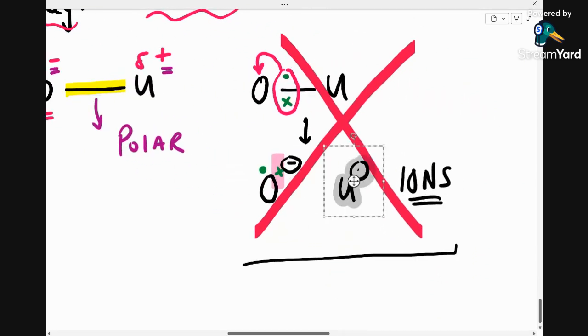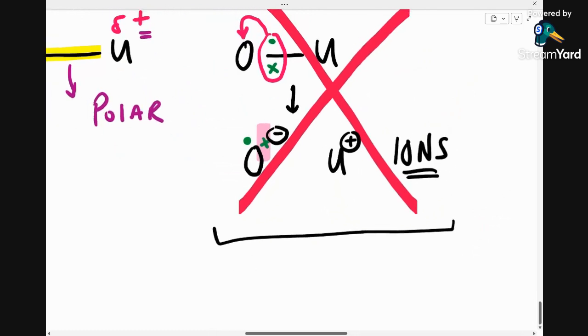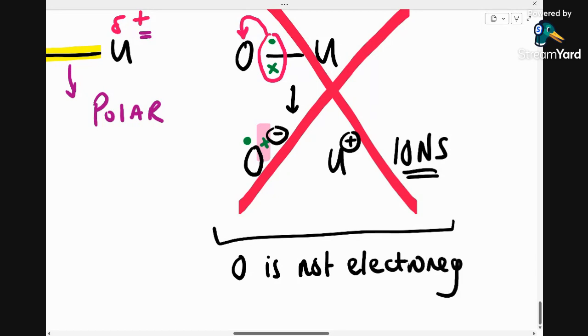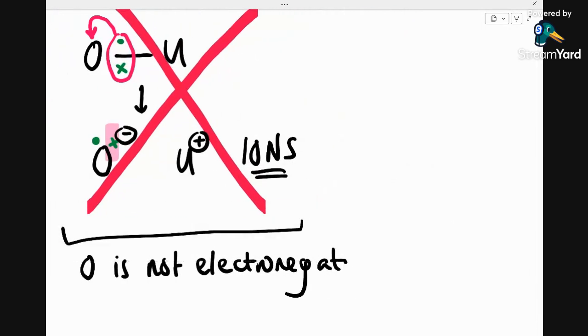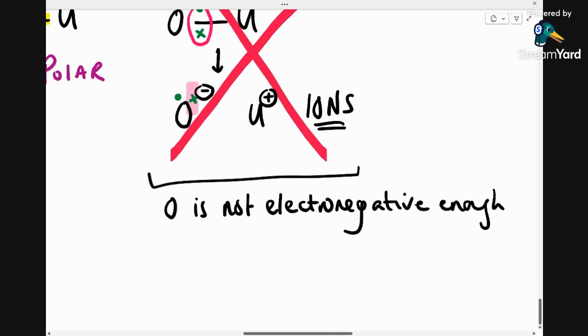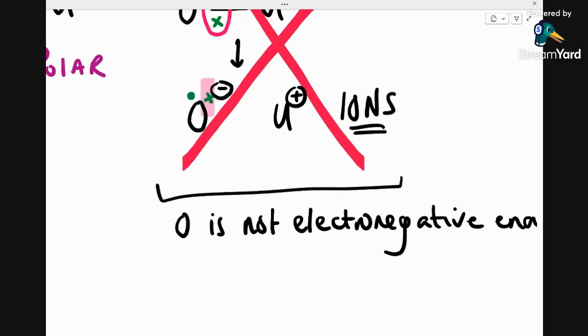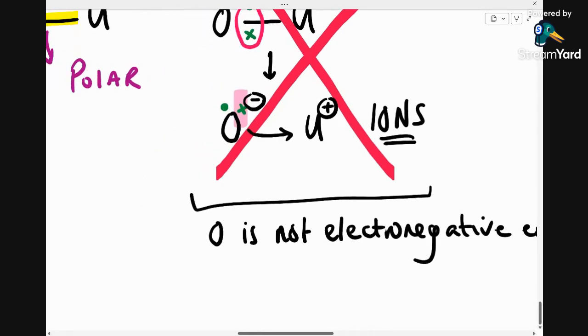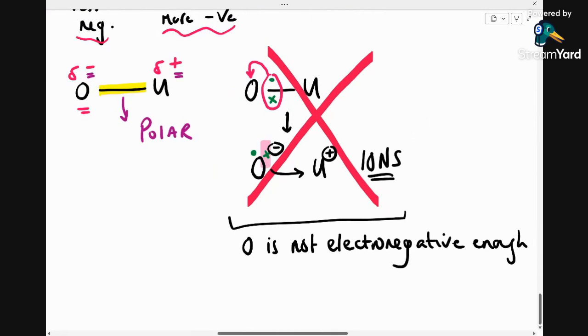Essentially, there's not enough pulling power by the oxygen for the hydrogen to form ions.